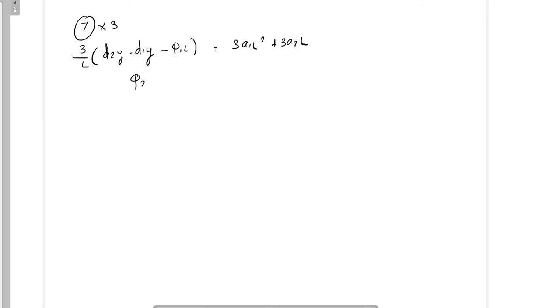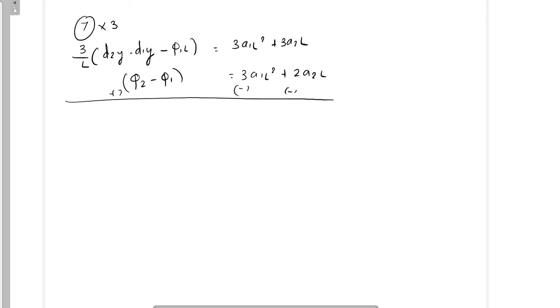The next equation, pi 2 minus pi 1, that is the sixth equation, which is equal to 3a1L square plus 2a2L. So we just subtract the equations, cancel the a1 term. So 3 by L d2y minus d1y, and separating this term, minus 3 by L pi 1L, so you can cancel the L term, minus pi 2, because here it is minus, so minus pi 2 and plus pi 1.